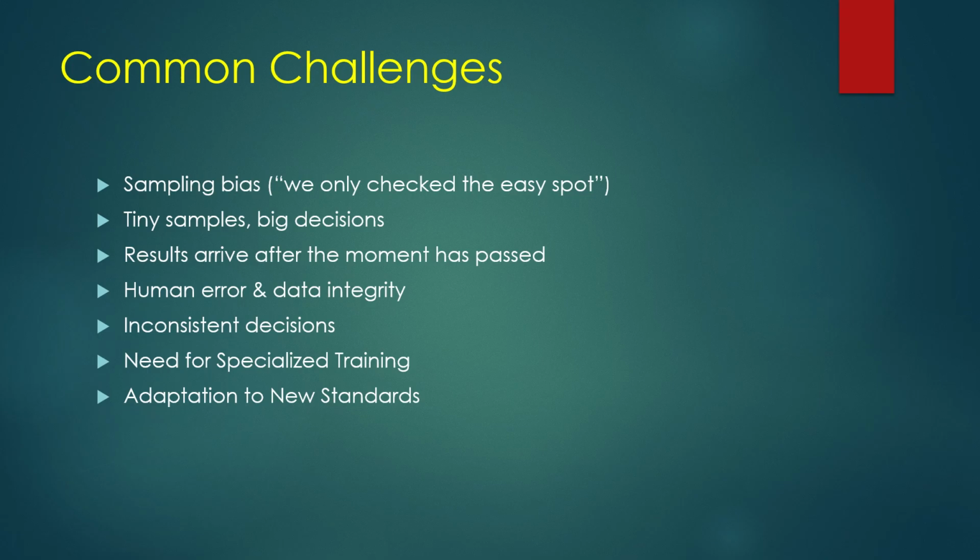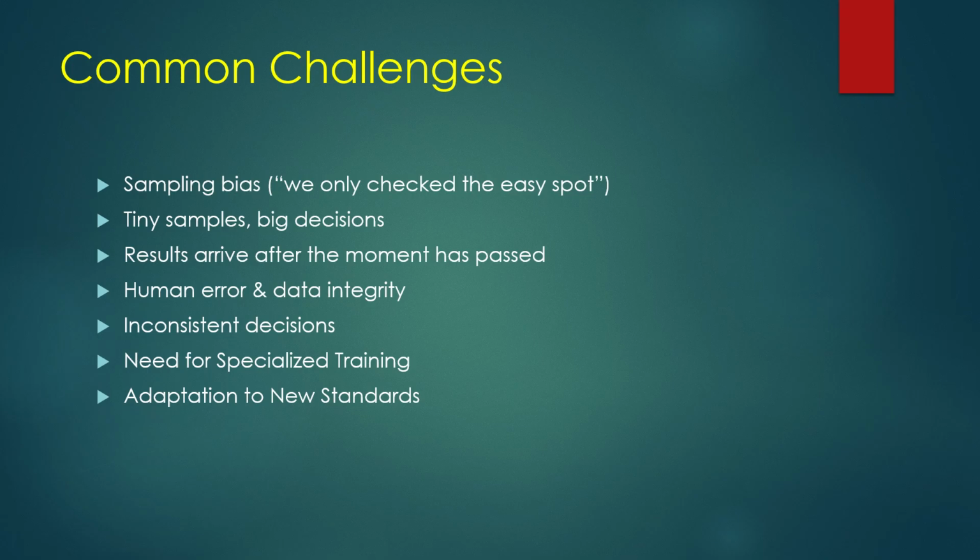Common challenges in in-process checks include sampling bias, which means only convenient or easy areas are checked instead of representative samples. Small sample size can lead to inaccurate decisions. Results arrive after the moment has passed.